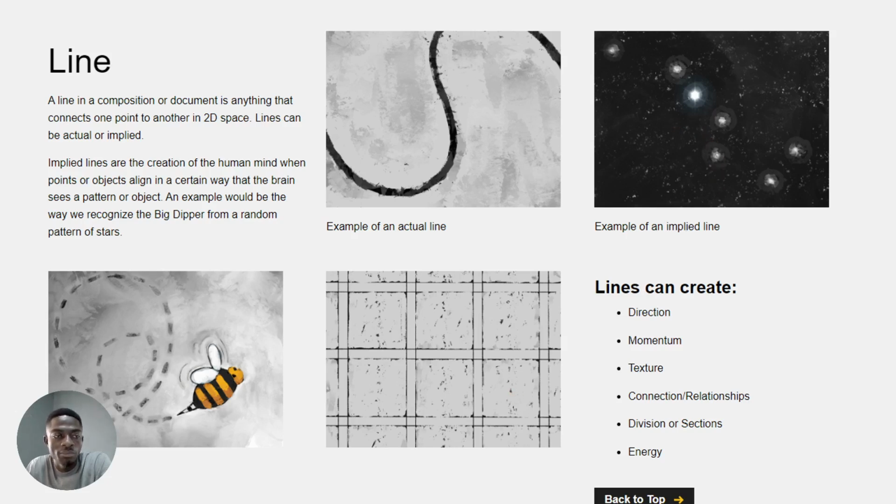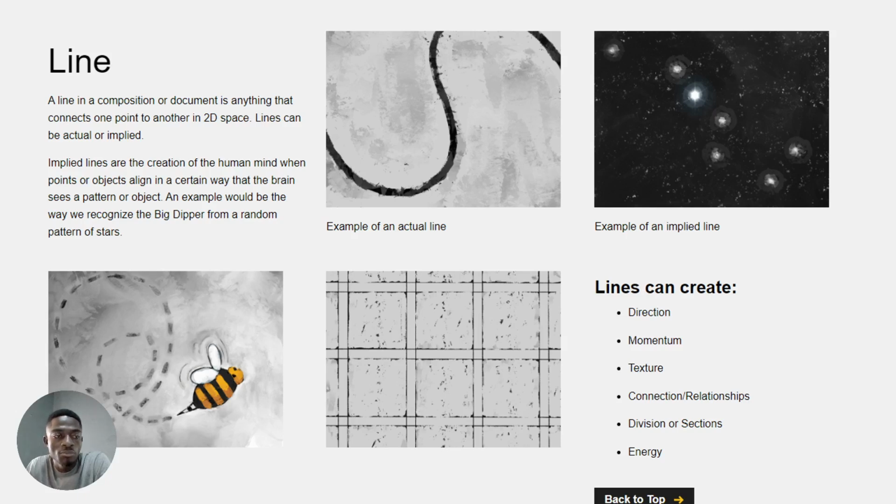Implied lines are the creation of the human mind, when points or objects are aligned in a certain way that the brain sees a pattern or an object. You would use a lot of implied lines to create very wondrous things.